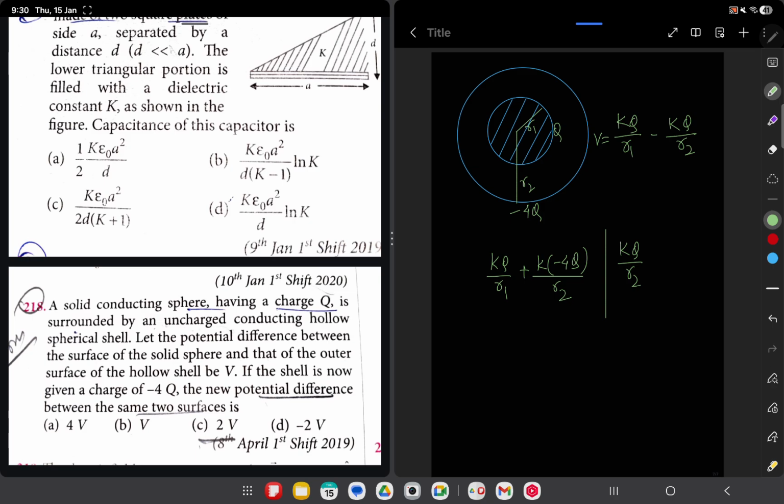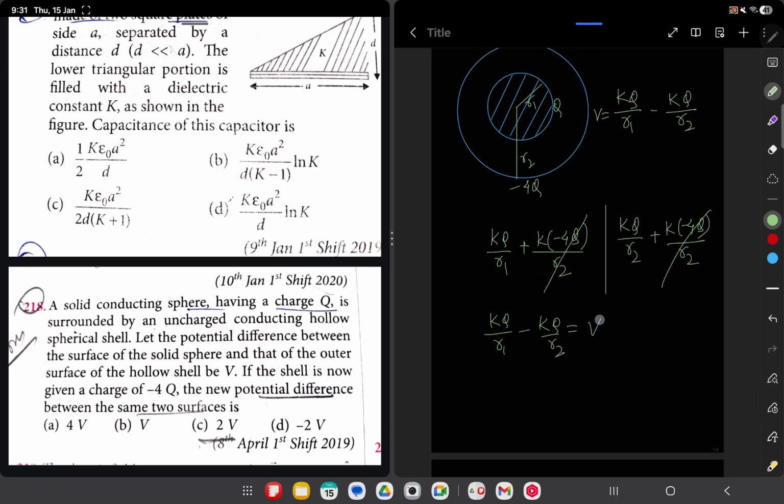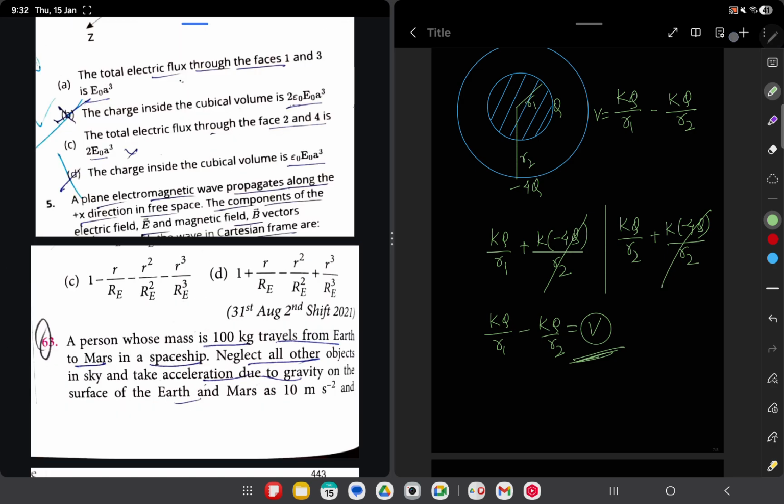For this minus 4q, potential at this point will be the same. If you subtract, you get kq by r1 minus kq by r2, and the minus 4q terms cancel out. So the potential again becomes V. The potential is not changing in this case.